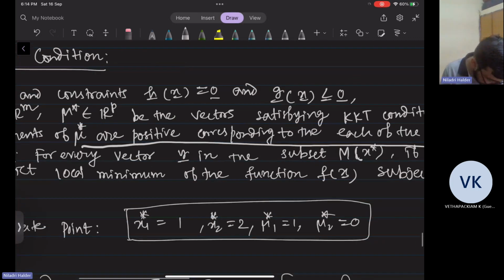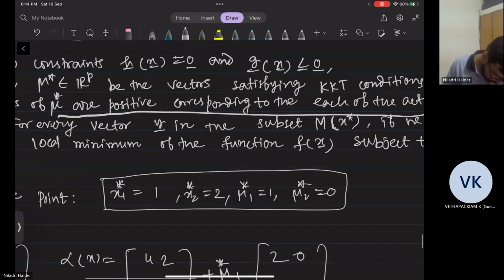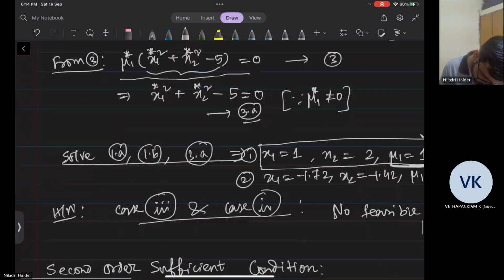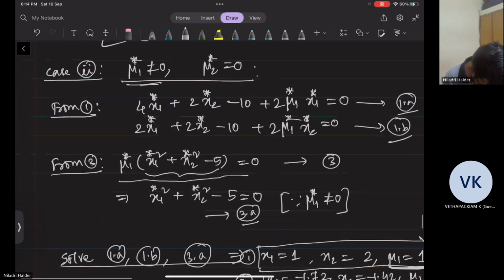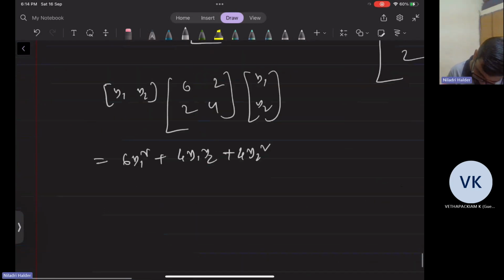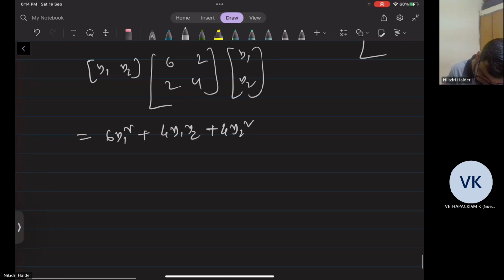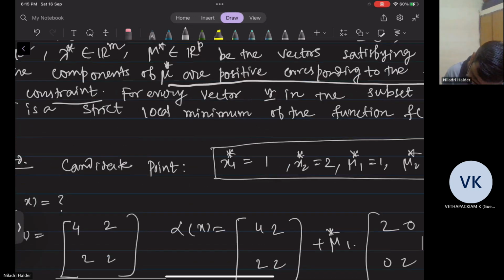And again the equality constraint should be satisfied, that means 2x1 y1 plus 2x2 y2 equal to 0. That means x1 is 1 and x2 is 2.